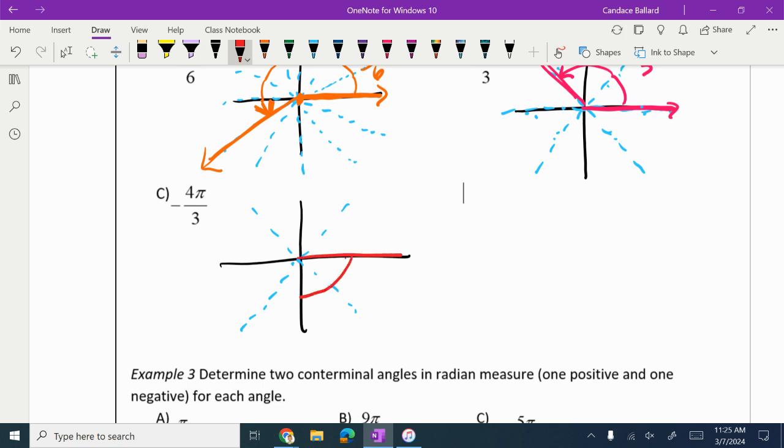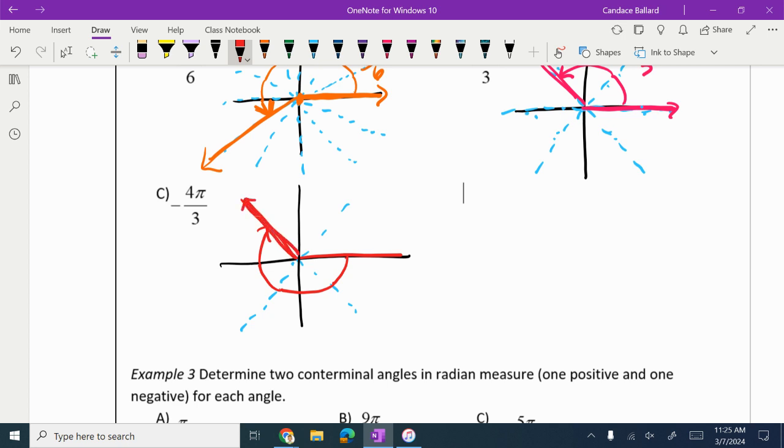So 1, 2, 3, 4 is gonna land there, right? Oh, I counted too many. Hang on. I messed it up. I'm going to do it again because I think I was off. All right. So here's 1 wedge, 2 wedge, 3 wedge, 4 wedge. It should end here. Okay.